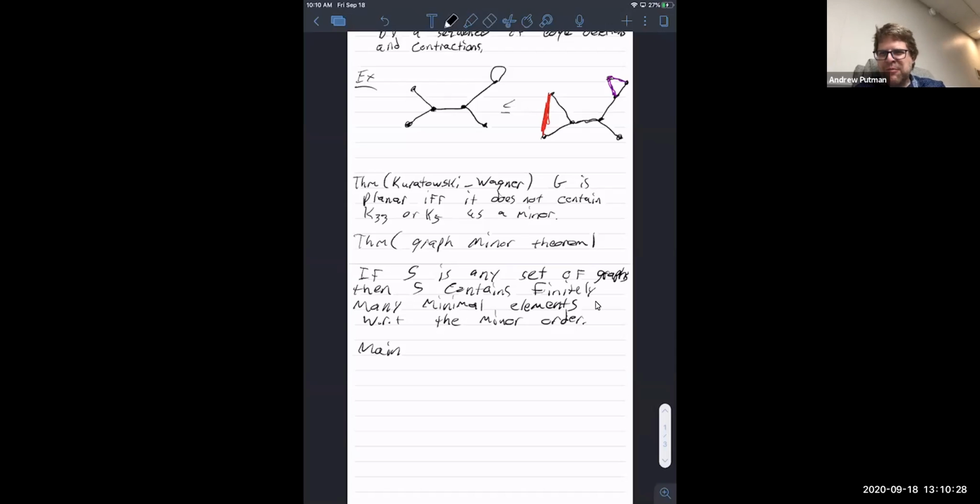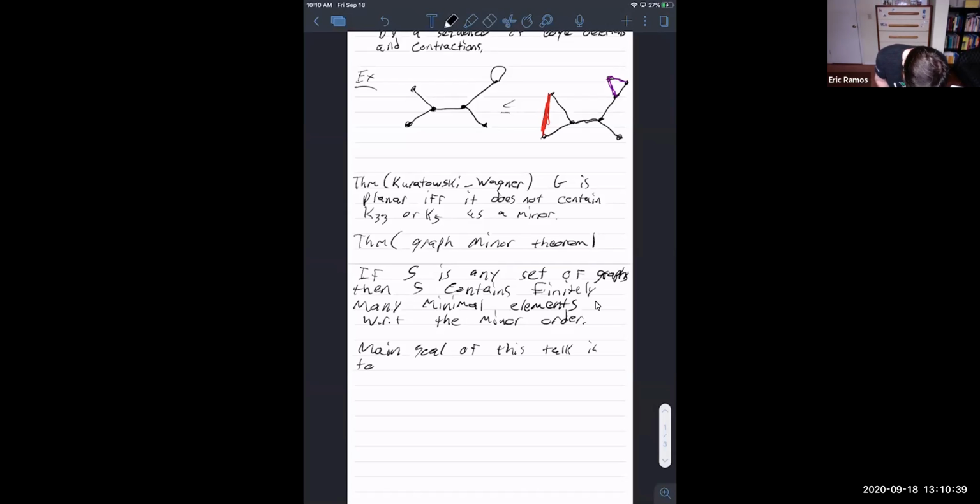Okay, all right. So the main goal of this talk is to categorify and apply the graph minor theorem.